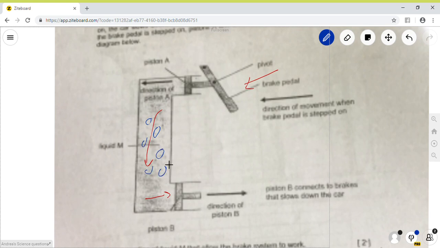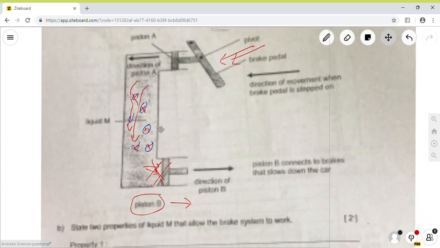So let's say I have an air bubble inside here, and this guy steps on the brake. This thing tries to push, but instead of pushing the liquid, instead of pushing this piston, the air bubbles get compressed. So you don't get enough push here. That's what the air bubbles do. They prevent piston B from being pushed to the brake because they get compressed.